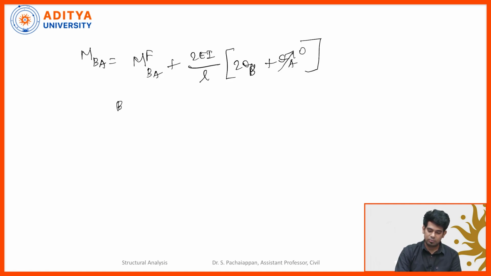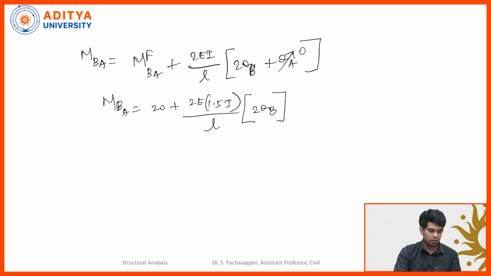So MBA equal to MFBA, which is plus 20, plus 2 times of E, I value for span AB is 1.5 times of I by L, and L is 6 meters. I will be having here 2 times of theta B. Okay.